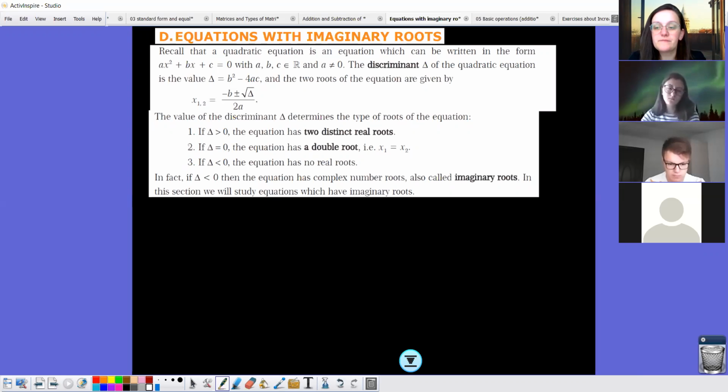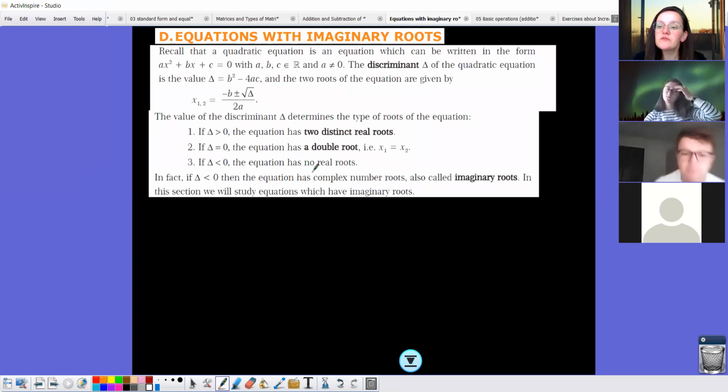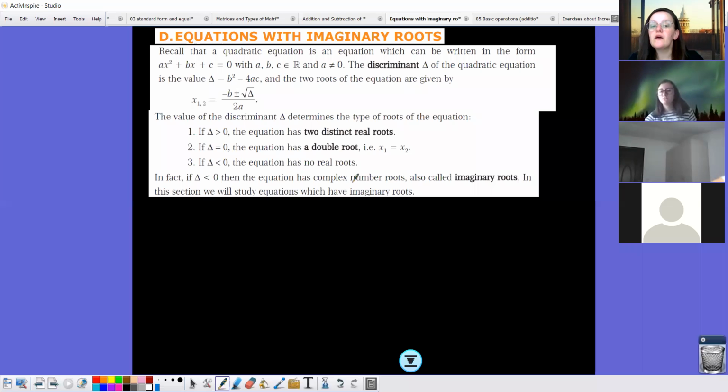In which case was it? If the discriminant is less than 0, we said that there are no real roots. Now we will check that case. In fact, if the discriminant is less than 0, then the equation has complex number roots, also called imaginary roots.